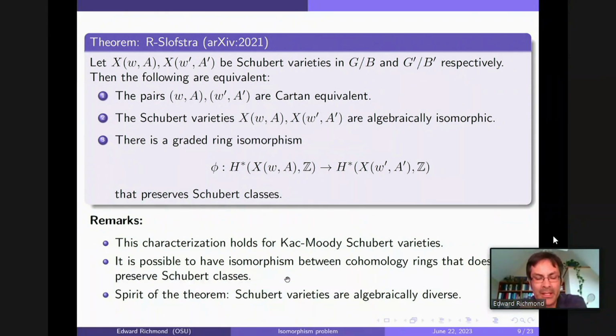I'm not going to talk about this much, but I've been looking at the sizes of isomorphism classes in type A, and most isomorphism classes in type A are of size 1 or size 2. So the isomorphism classes get quite small.